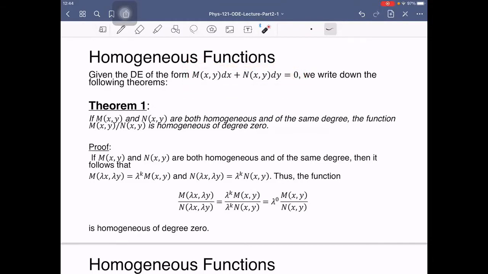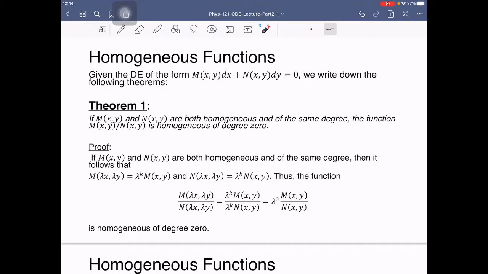If yung dalawang function natin na sinasabi dito, m of xy and n of xy are both homogeneous and of the same degree, so kagaya ng pinakita natin kanina, yung ratio nila, which is m of xy over n of xy, is a homogeneous function of degree 0.